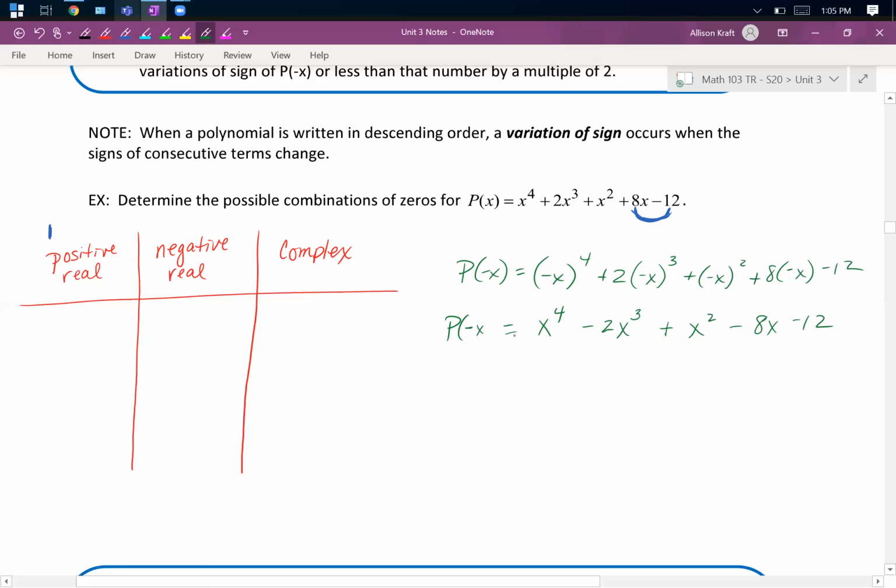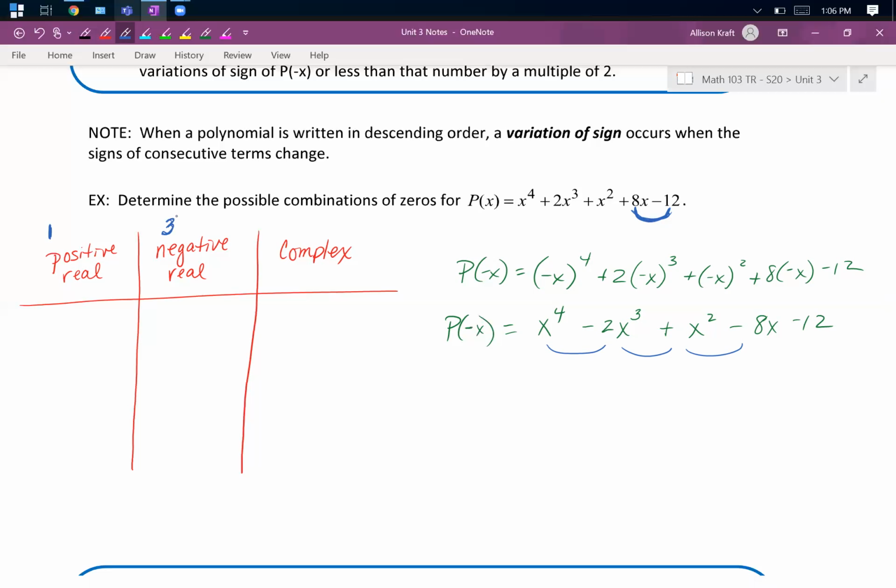How many times does that change signs? 3. Yeah, I'm seeing 3 times as well that we're switching between plus and minus. So above negative real zeros, I'm going to put 3, because Descartes tells me that it's going to be 3 or less than that by a multiple of 2. So I'm going to subtract 2 from 3. I get 1.